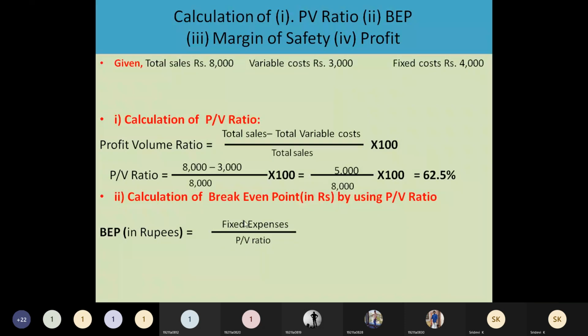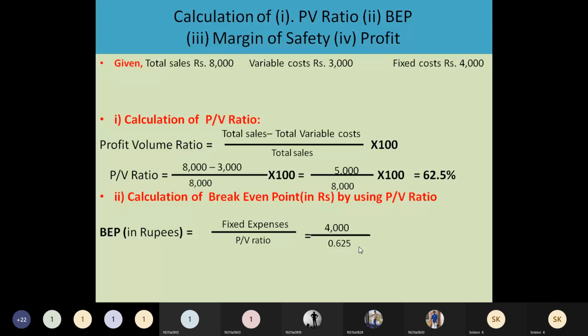So this will be simple now. Already we have calculated the PV ratio, that is the reason why I am taking this formula. Fixed expenses, we know, is 4,000. So 4,000 divided by the PV ratio we got here, 62.5. Here it will be taken as 0.625, not as 62.5.